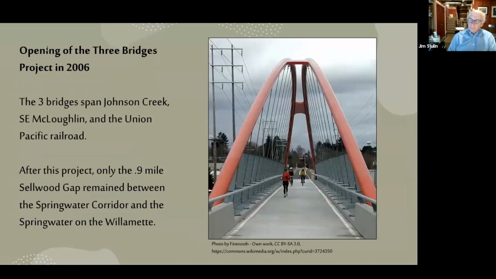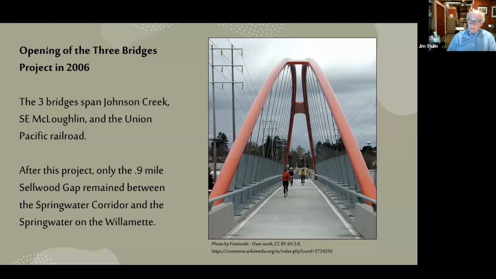Remember the bridge that ODOT saved all that money on? Well, we actually had to rebuild it, but we rebuilt it as a trail bridge along with 2 other bridges. So this was the 3-bridge project in 2006. And you're looking at a bridge that was built over Highway 99E, where the railroad bridge had to be taken out.